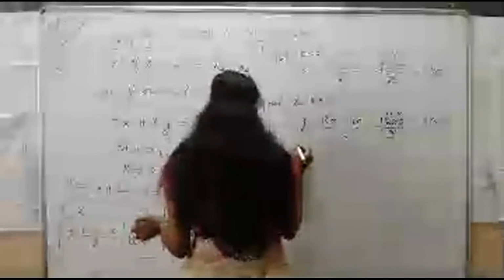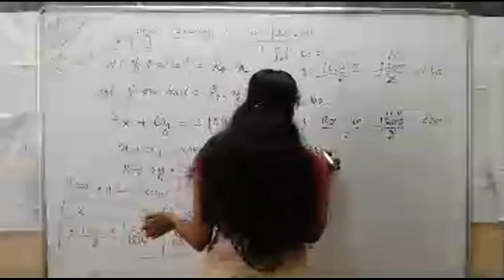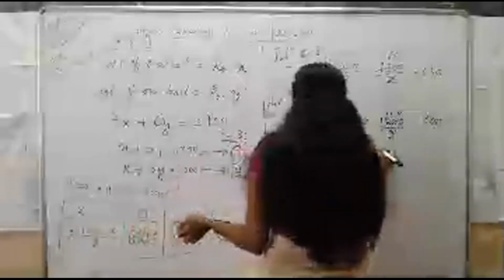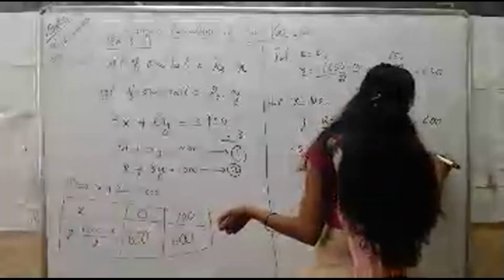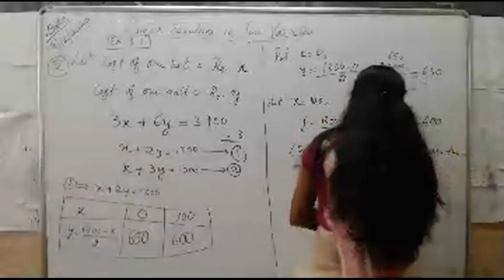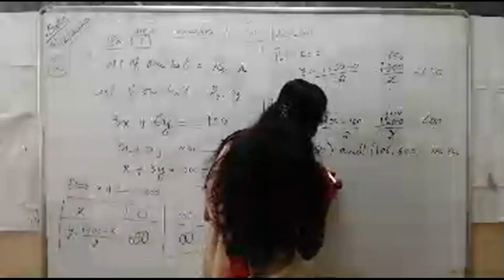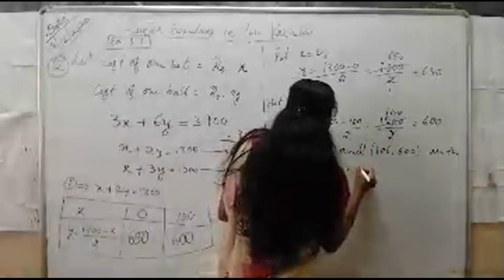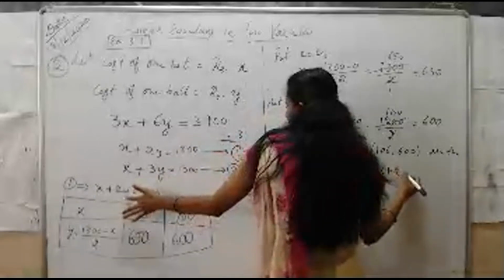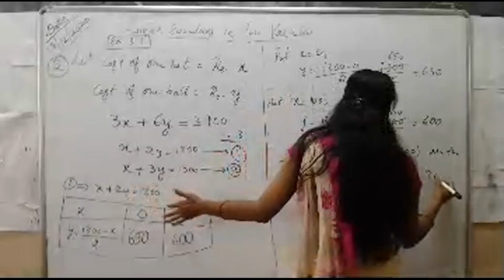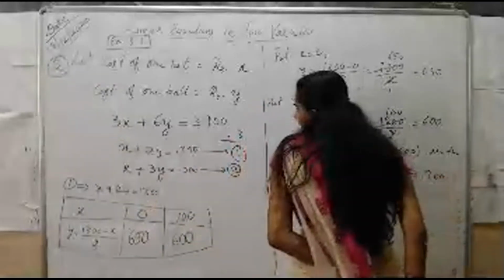We got the solutions of this equation: 0, 650 and 100, 600 are the solutions of what? Which equation? This equation, x plus 2y is equal to 1300.